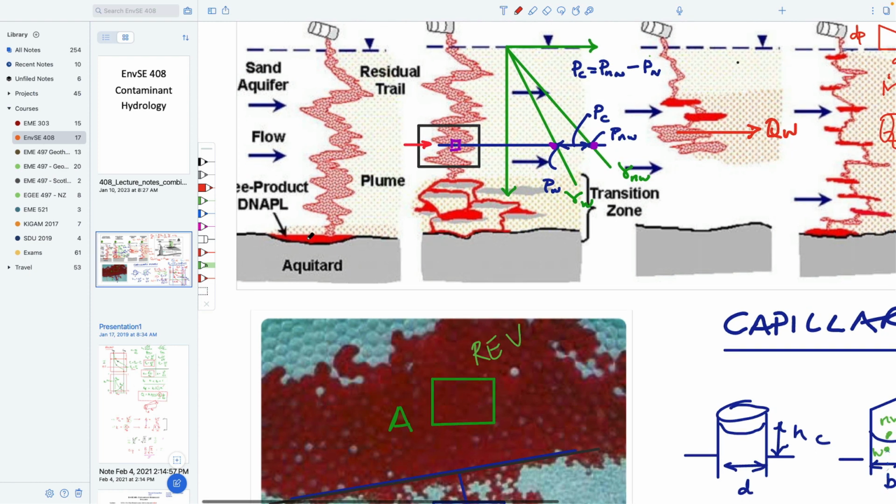So we know the only reason for DNAPL to stop is to reach something where the capillary entry pressures in the porous medium underneath it are small enough that it gets stopped. We know that if we have a ganglion that's long enough, it will keep on going as long as it doesn't neck down and disconnect itself.